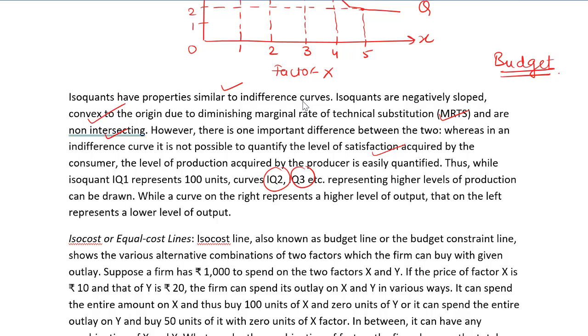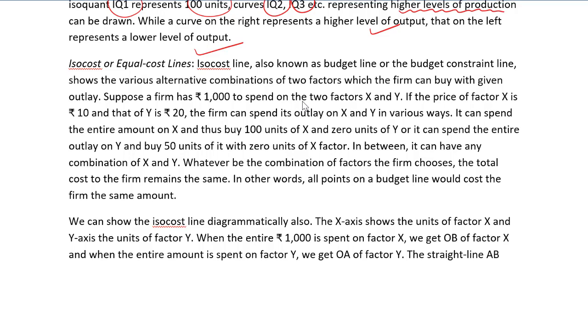The level of production acquired by the producer is easily identified. Thus, while isoquant 1 represents 100 units, isoquants 2 and 3 will represent higher levels of production, while the curve on the right represents a higher level of output and the left a lower level of output.